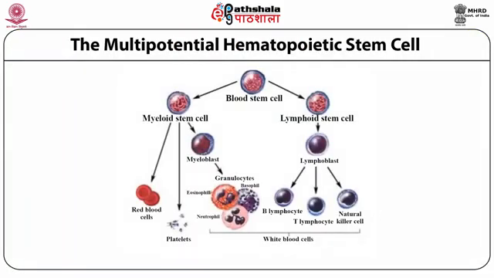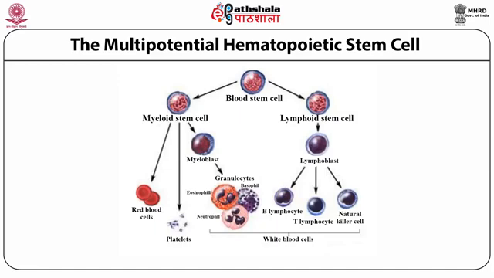Let us look at the multipotential hematopoietic stem cells. This is the stem cell which upon differentiation gives rise to all the cells which are present in the blood. The development of these blood cells is called hematopoiesis, and that is why this stem cell is called hematopoietic stem cell.